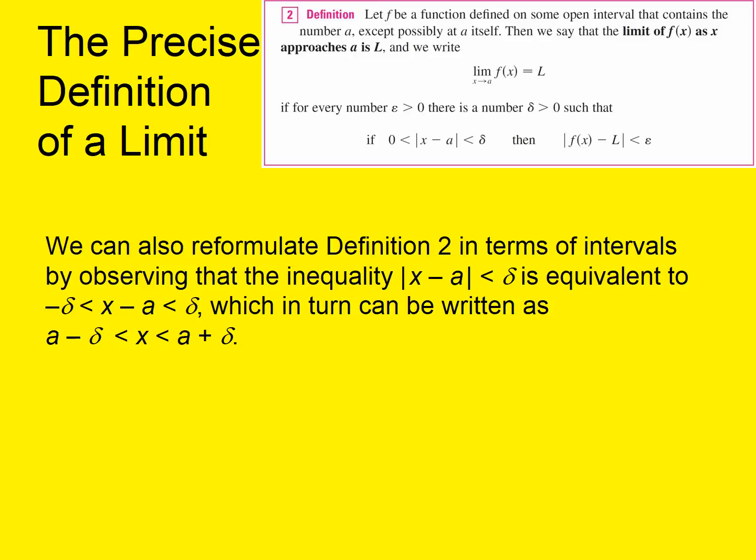We can also reformulate definition 2 in terms of intervals by observing that the inequality absolute x minus a less than delta is equivalent to the compound inequality negative delta less than x minus a less than delta, and then you can add a to all three sides of that and get a minus delta less than x less than a plus delta.